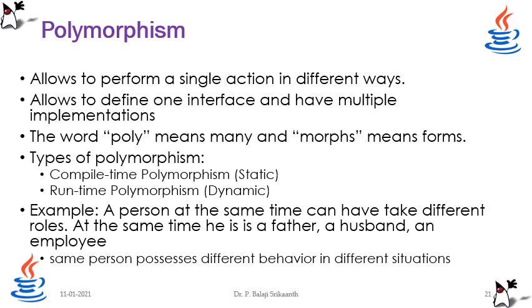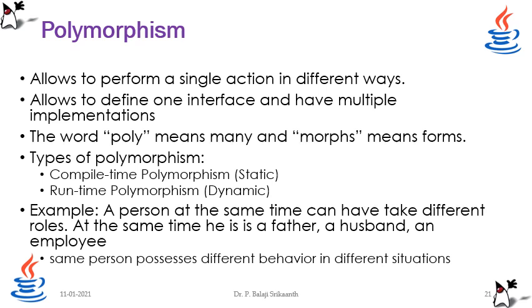So if an object takes different forms, then it is said to exhibit polymorphism. There are two types of polymorphism, namely compile time polymorphism, also known as static polymorphism, and runtime polymorphism, or dynamic polymorphism.